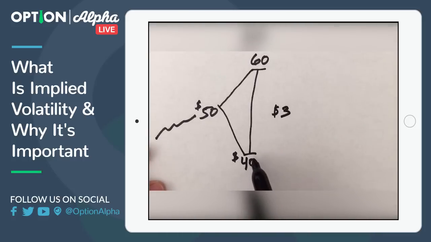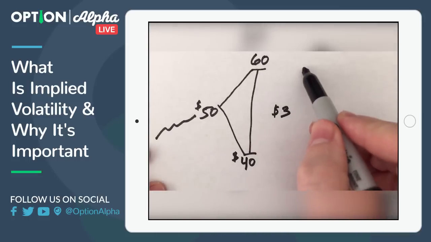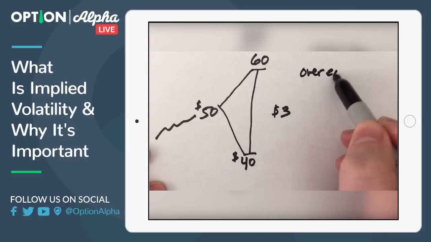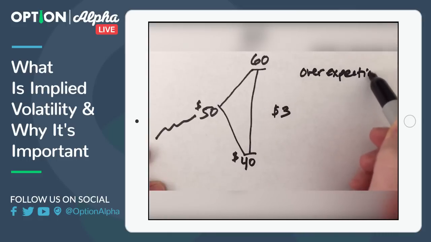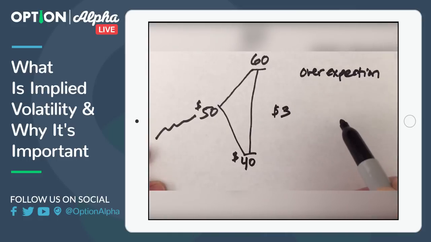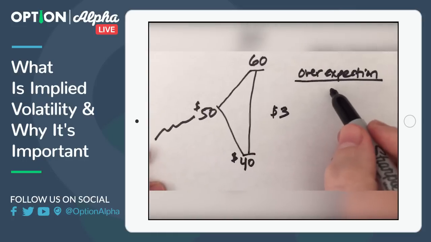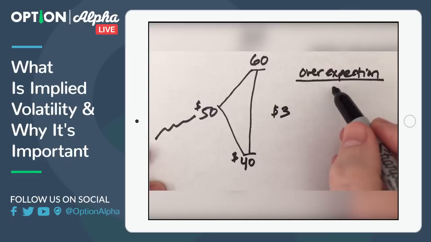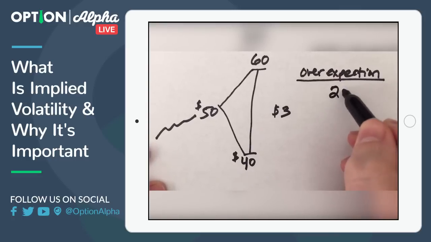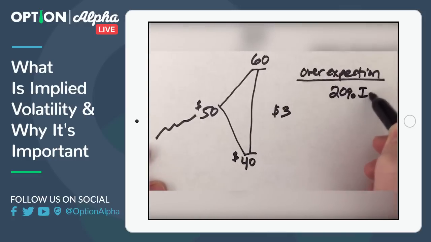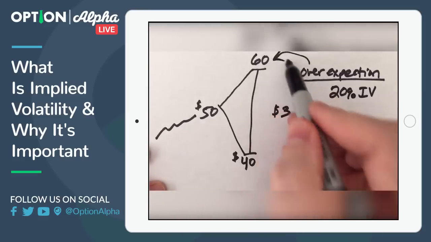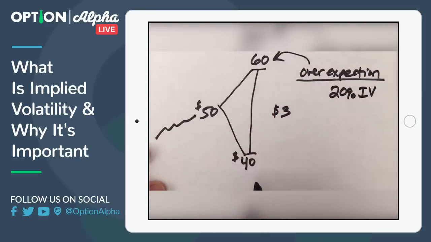Well, what we know with implied volatility is that implied volatility, like insurance contracts, has an over expectation of the actual move in the stock. Meaning that if implied volatility's reading is 20% right now, which is what it is in this instance, right? This is a 20% IV range.